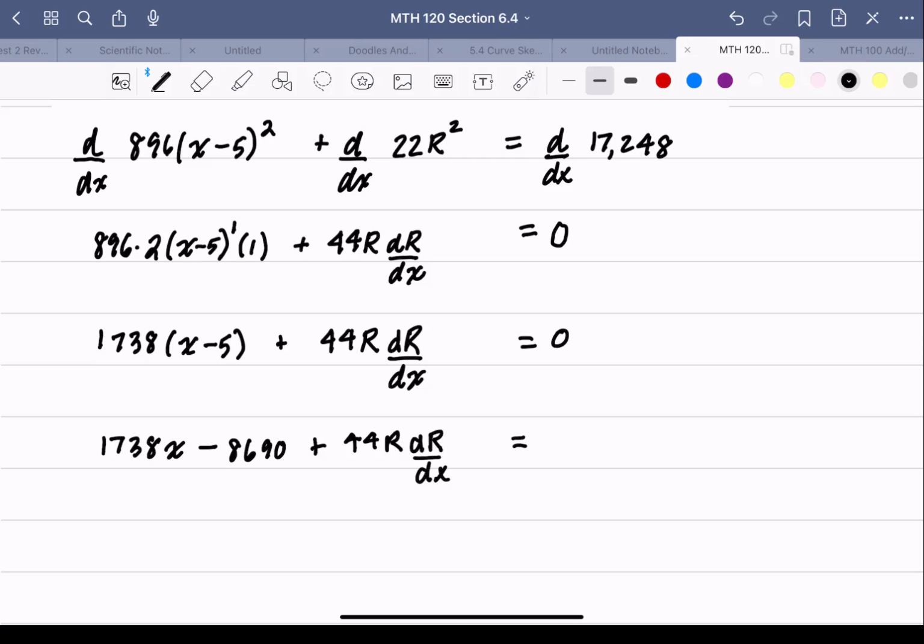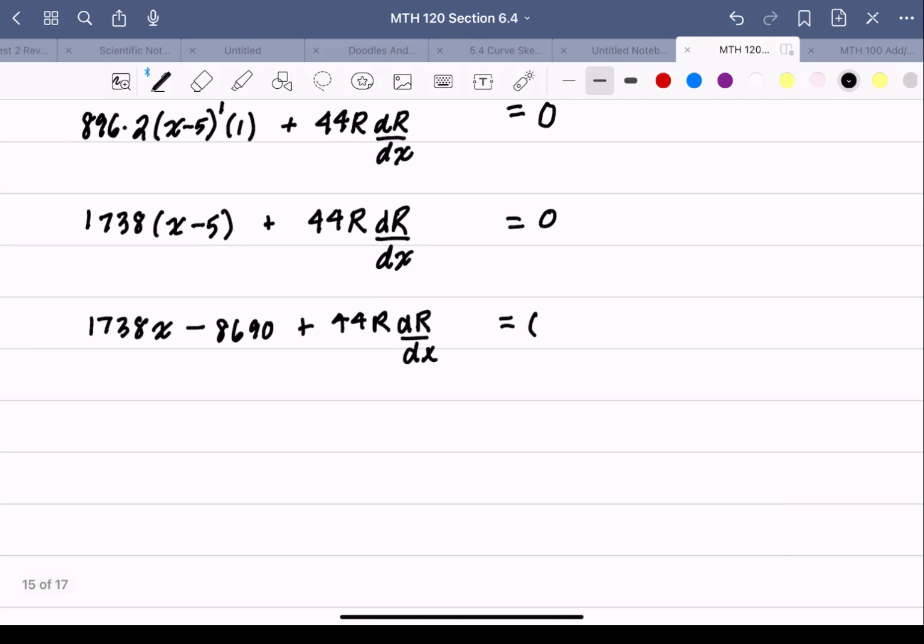And remember, I need to isolate that dr/dx. So I need to move these two terms by doing the opposite signs on the other side. So 44r, derivative of r with respect to x, equals 8690 positive minus 1738x, because they're going to be opposite sides.